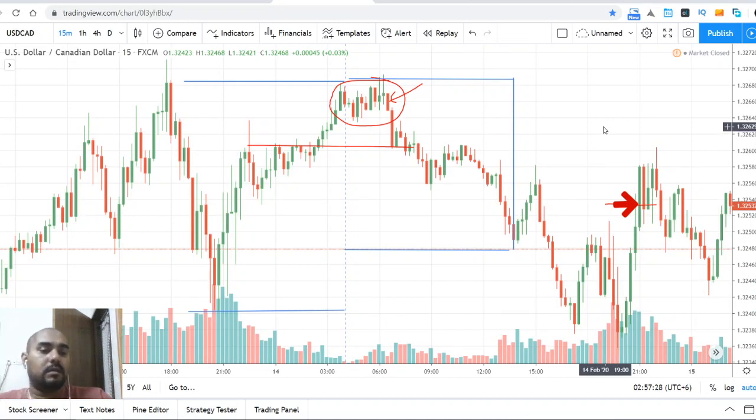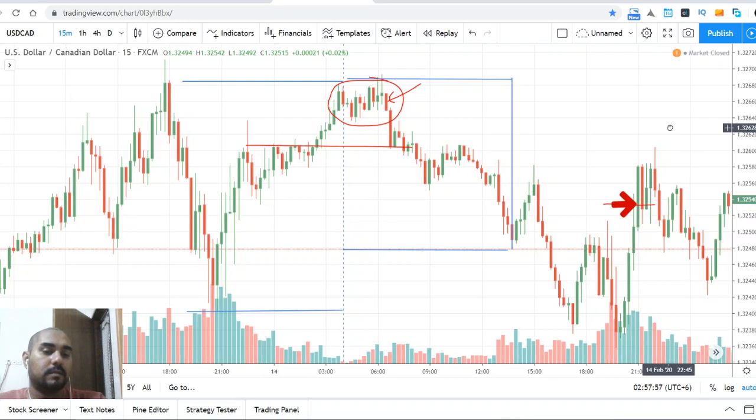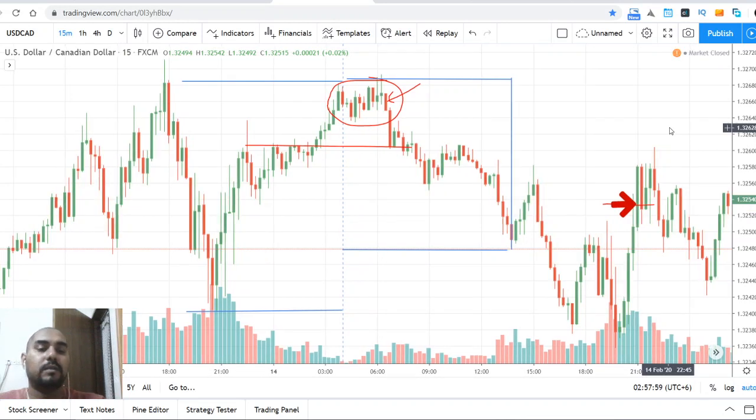Okay, I think I need to study some more. Or this is just a very bad pair, that's why it's just ranging and ranging. Oh, come on. Pair selection, right? That was one of the key points of preparing for my trade. See how important fundamentals are.